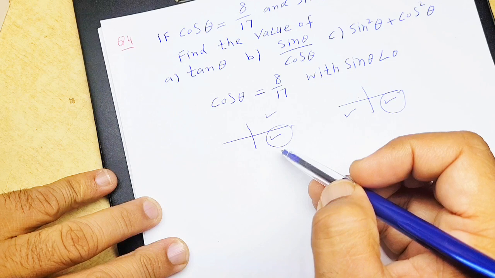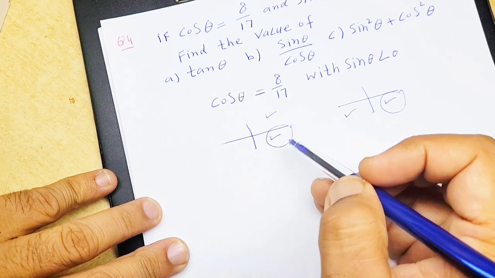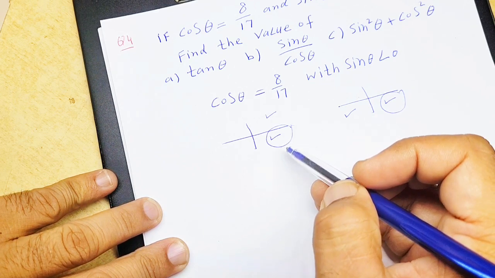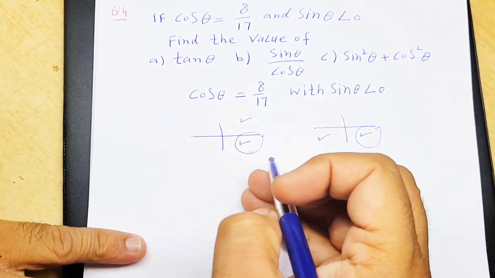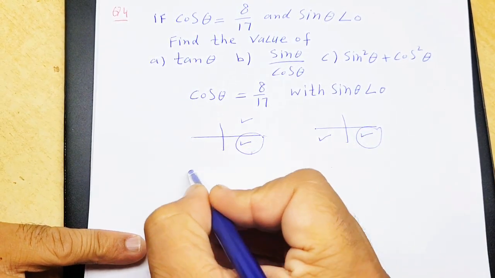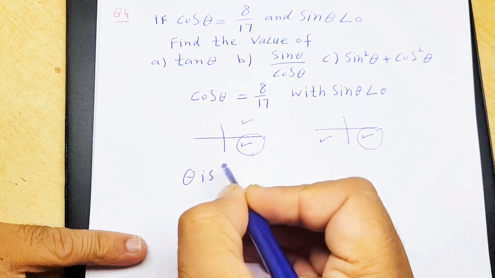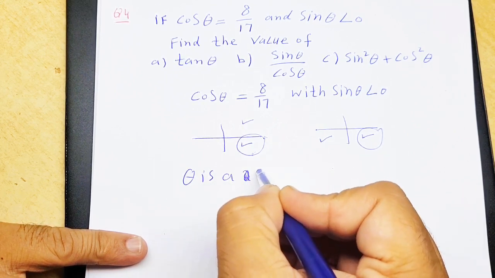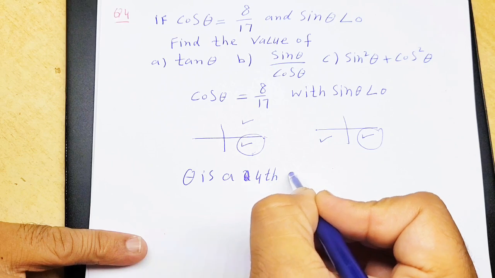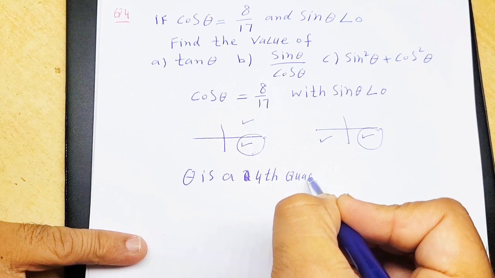So I'm going to use my angle. Theta is in a fourth quad angle.